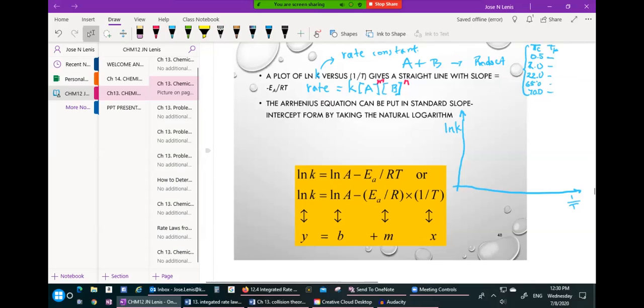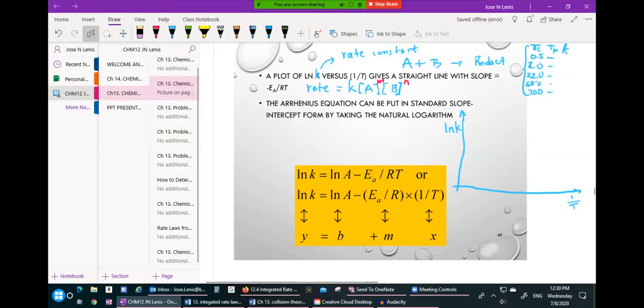We plug these numbers, these concentrations, we can calculate different values of K. So K, the rate constant, is temperature dependent.